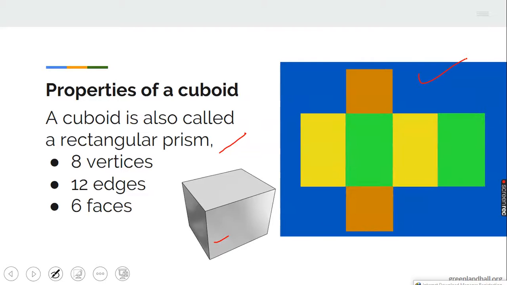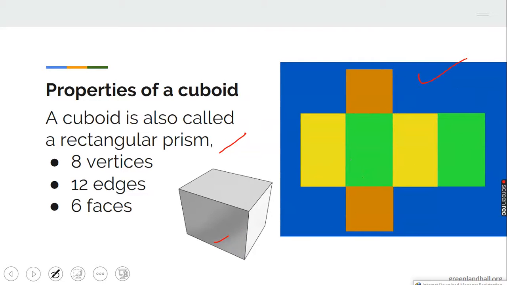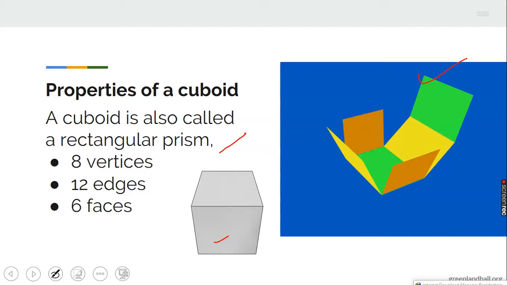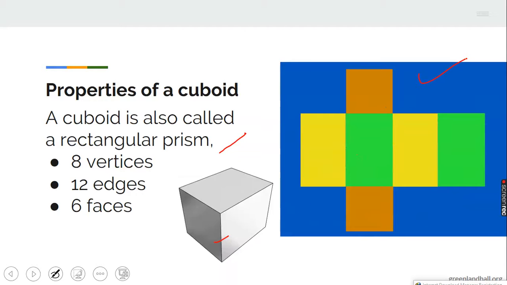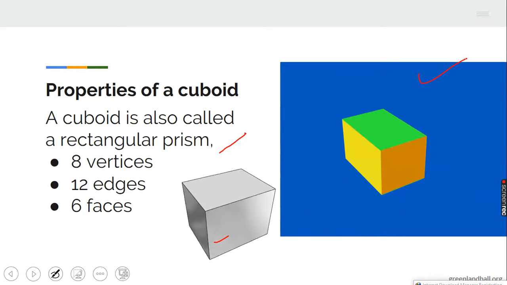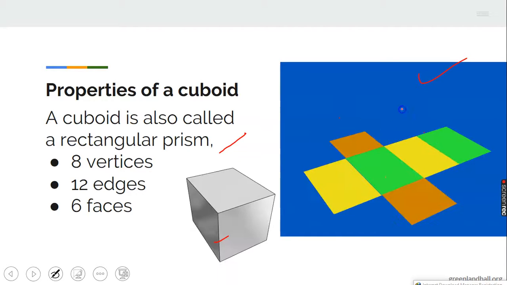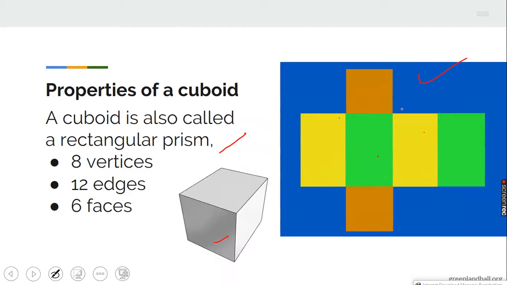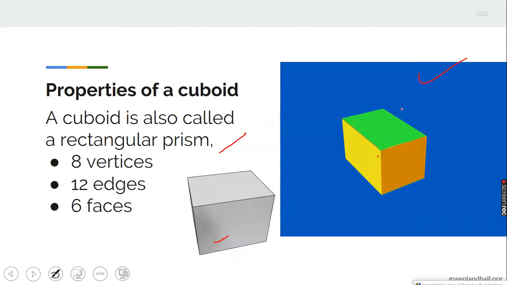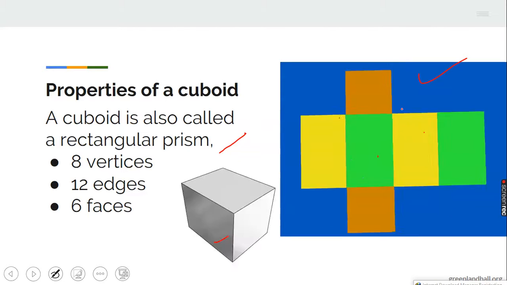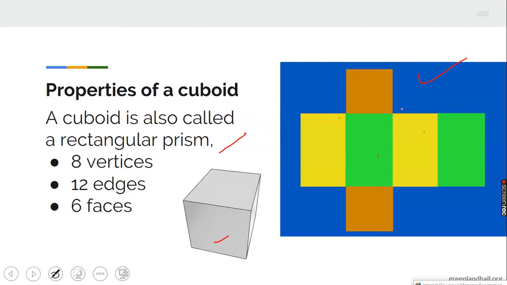And it has 8 vertices, just like a cube. 1, 2, 3, 4. That's 8 vertices, 12 edges and 6 faces.